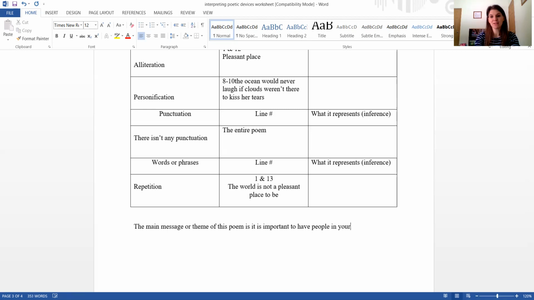Now, you don't have to take my theme. Remember that any theme can be valid if you're able to prove it with evidence from the poem. So you pick, maybe you have a different message. Just make sure that it is a message, some kind of advice that the poet is giving us, and it's not, this is what the poem's about. Okay. All right. That's it for this particular poem.